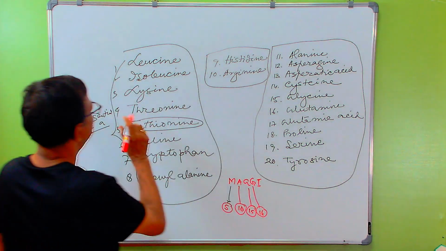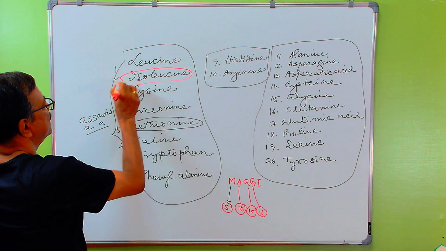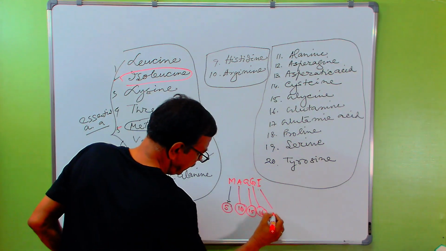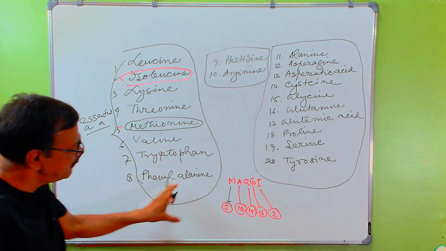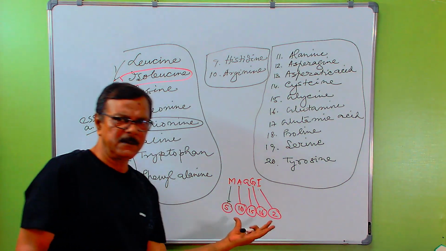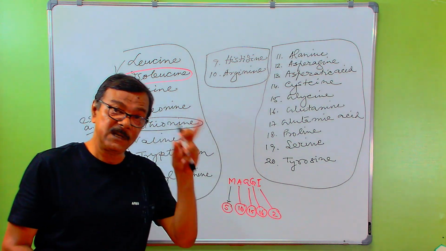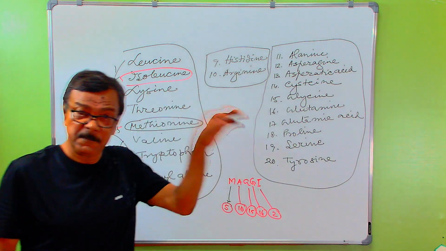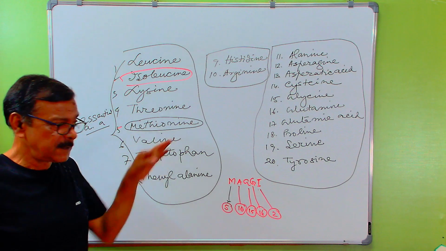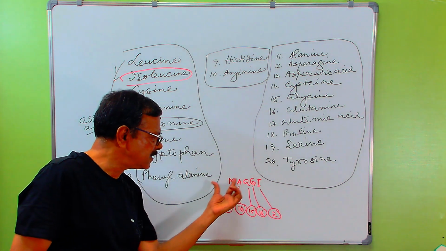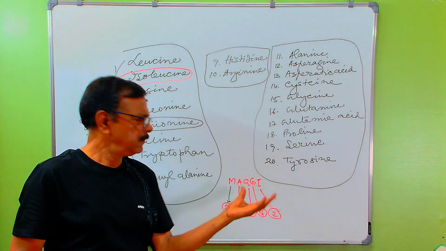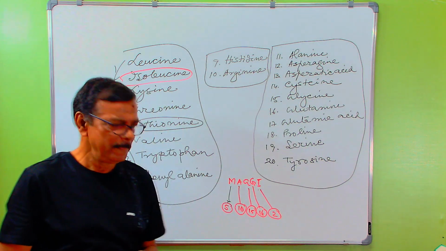I for isoleucine, say number 2. So these amino acids are arranged in a sequence, in a specific order, so as to enable us to produce this protein, which we are calling MEG.